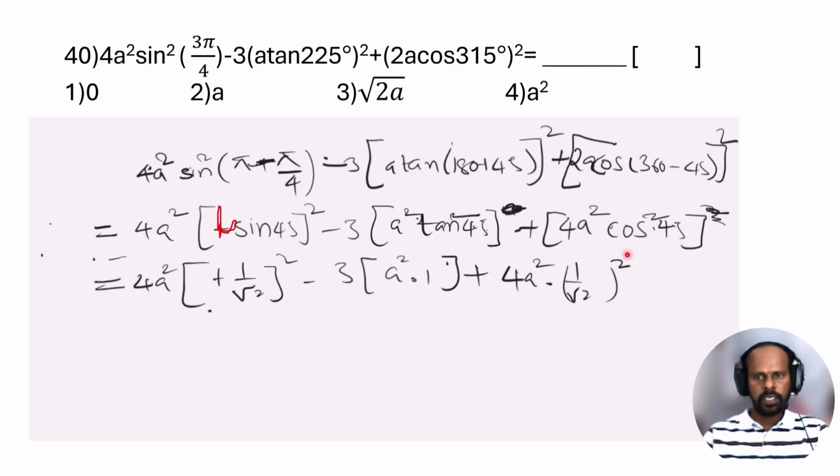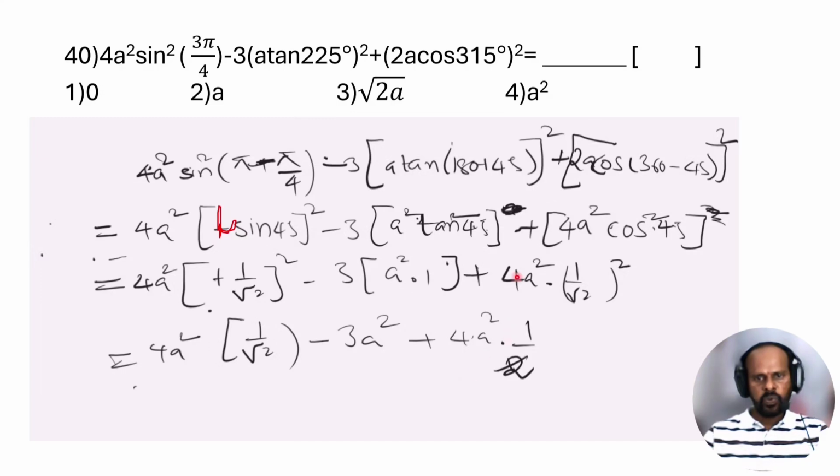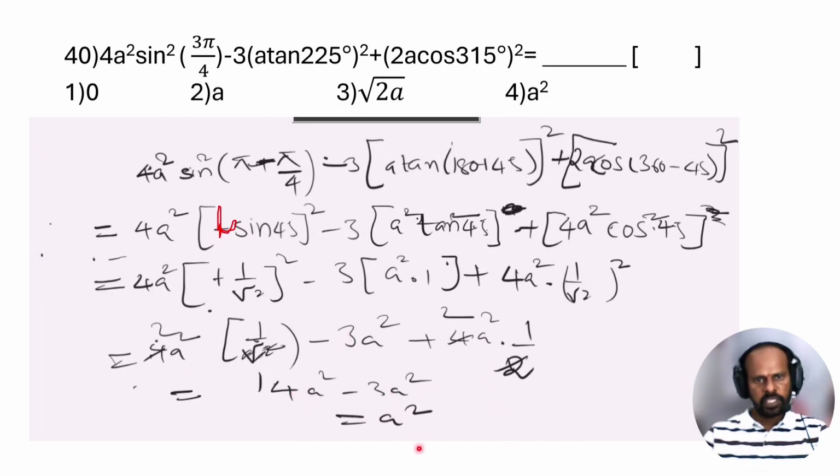And next 4a square, 1 by root 2 whole square can be written as 1 by root 2 square, and here 3 into a square, 3a square, and here 4a square, 1 by root 2 square, 2 2's get cancelled. So here root 2 square becomes 2 only, so it becomes 2a square plus 2a square, 4a square, and minus 3, 4 minus 3, 1a square is the answer, option 4.